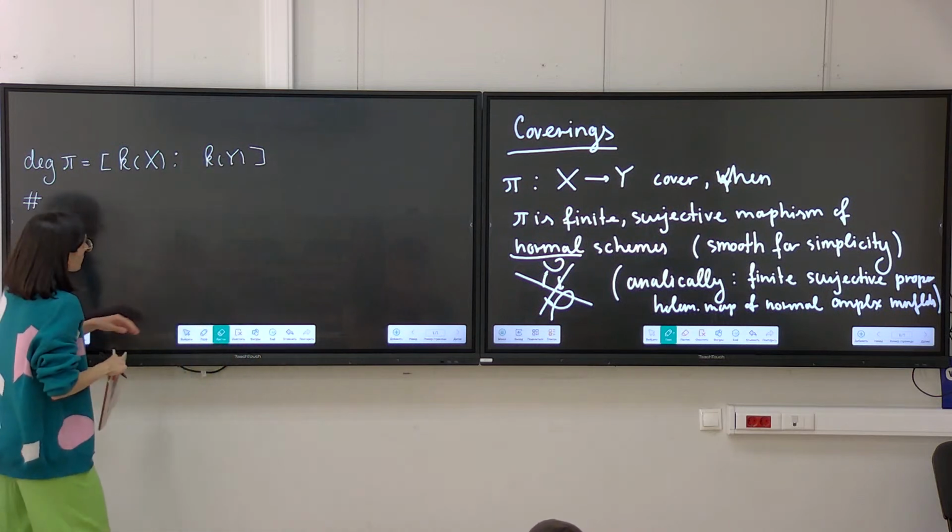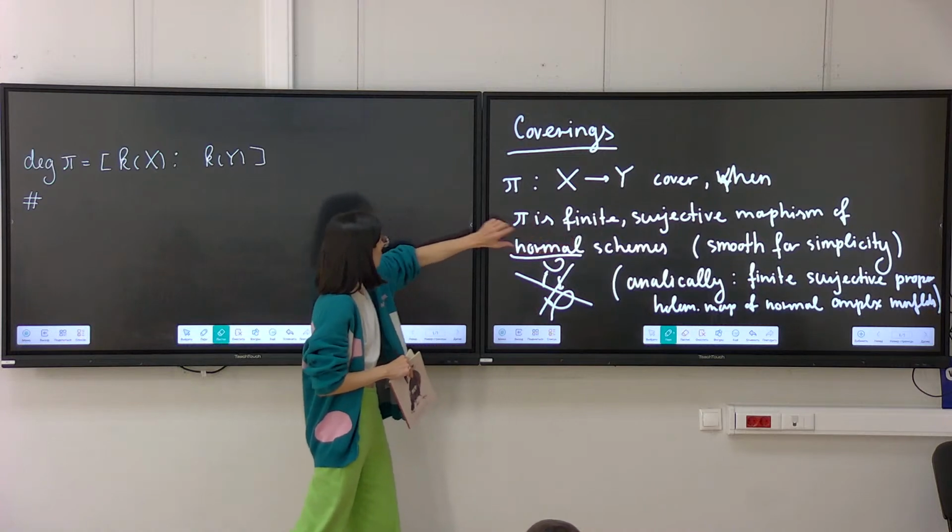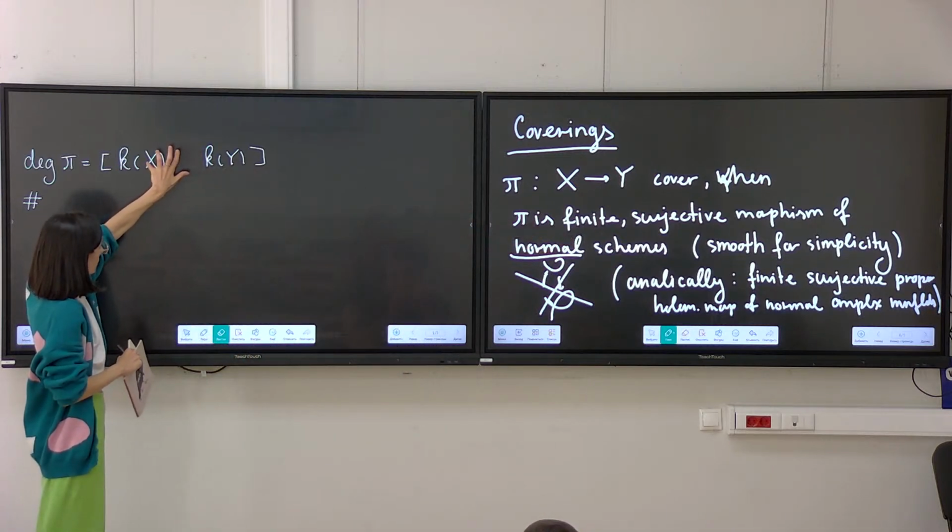In this case, when we have a finite extension, this degree is finite. Okay.